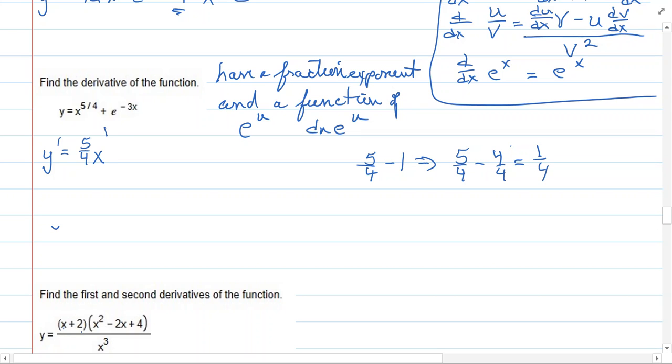You can use your calculator if need be. So we have the derivative of negative 3x is negative 3, e to the negative 3x. And I'm going to clean it up. Y prime is 5/4 x to the 1/4 power minus 3e to the negative 3x.